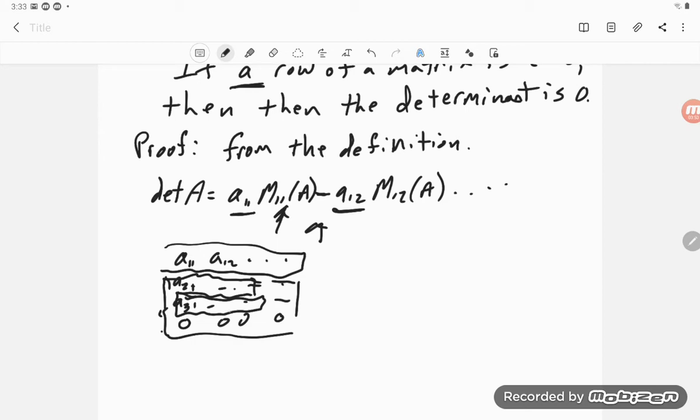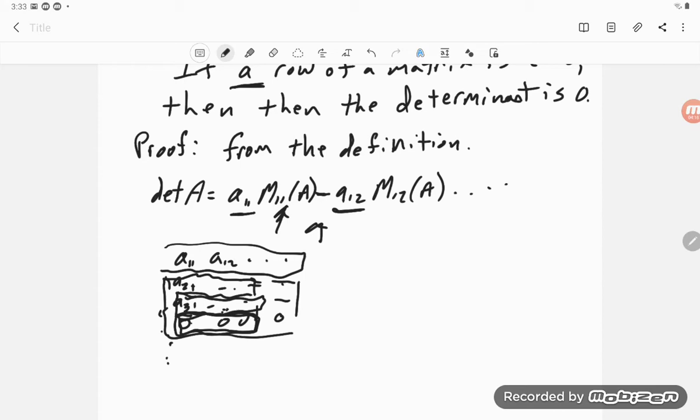And then finally, the minors of this one are going to be based on that row. And it's going to keep on going. But the minors are finally going to be based on this row, and so all the minors based on that row will be 0.